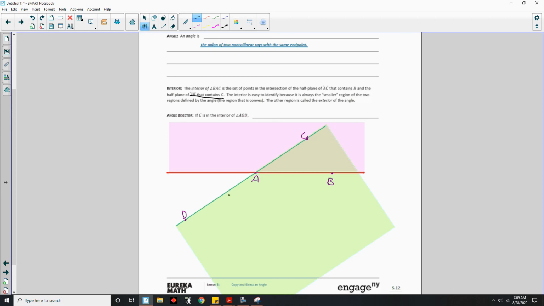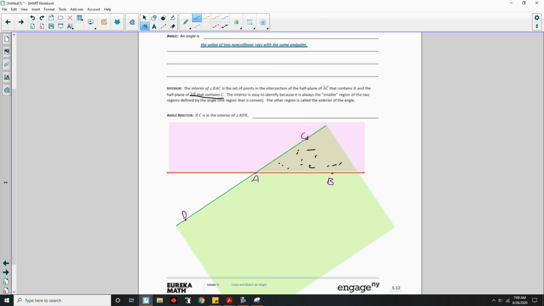So now I have a line with A and C on it, that's the green line, and the half plane that contains B. So AC is right here, this green line. B is on the half plane in the green, and this green would continue forever this way as well. So we want points that are in both the pink and the green section, which is anywhere in here.